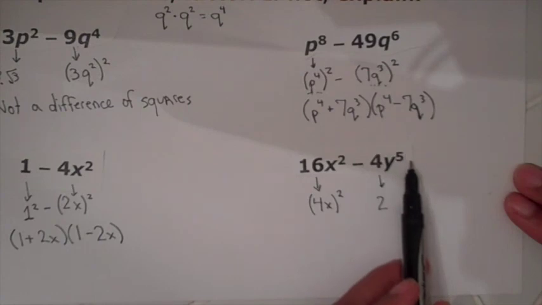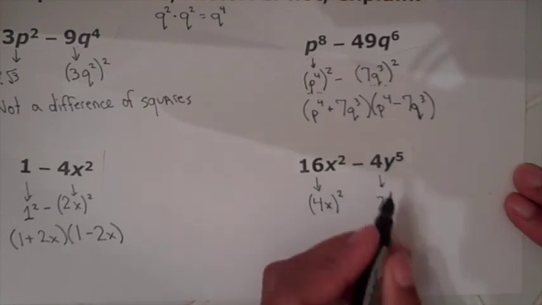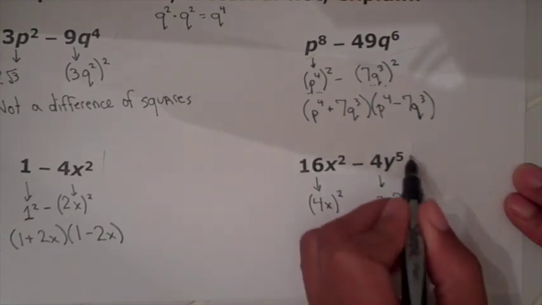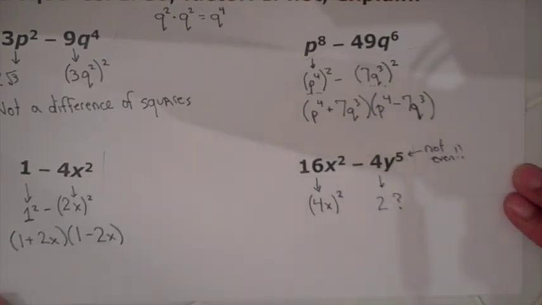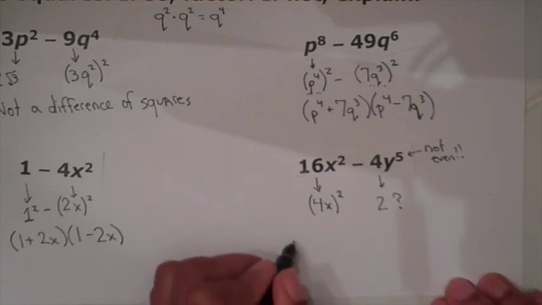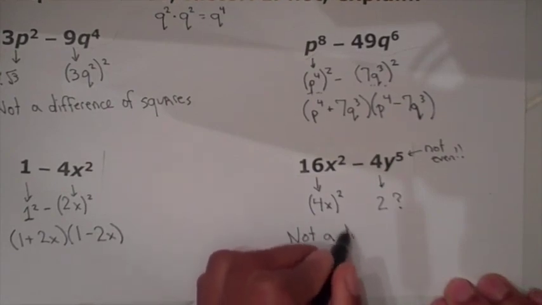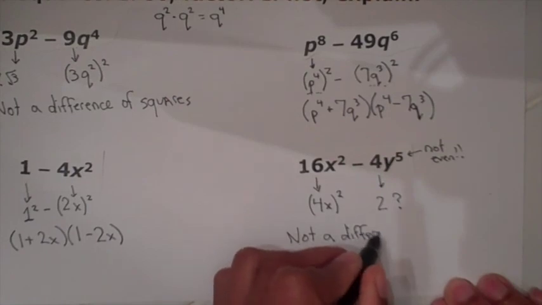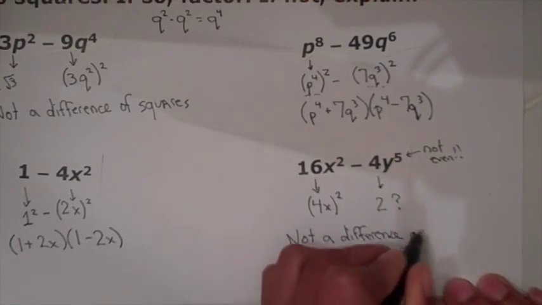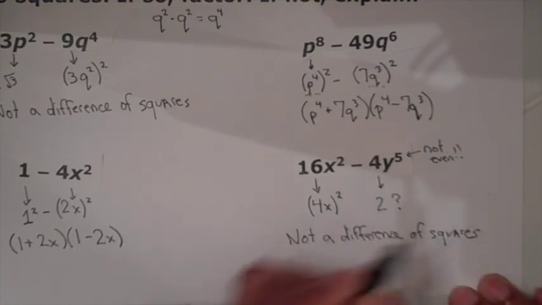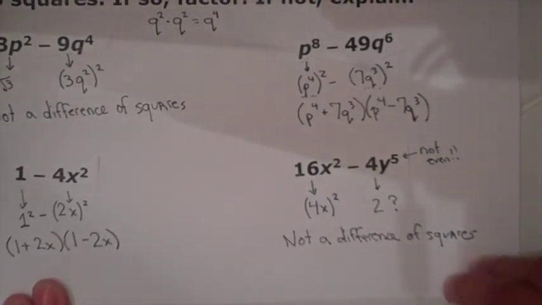So because this is not an even exponent, I'm having difficulty here. So the exponent has to be even. So because of that, this is not a difference of squares. All right, great.